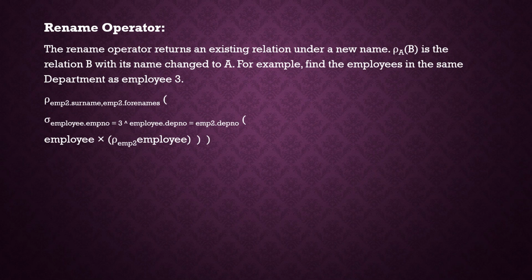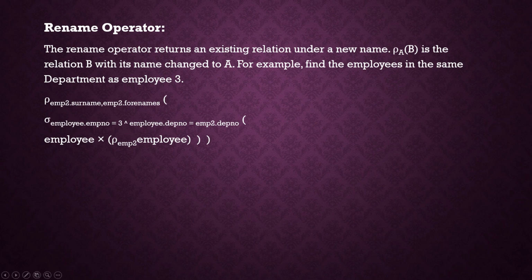For example, find the employees in the same department as employee 3. Rho emp2 dot surname, emp2 dot forenames, open parenthesis, select employee dot employee number equal to 3, here AND operation, employee dot department number. That is one condition: employee number equal to 3, it is already given.